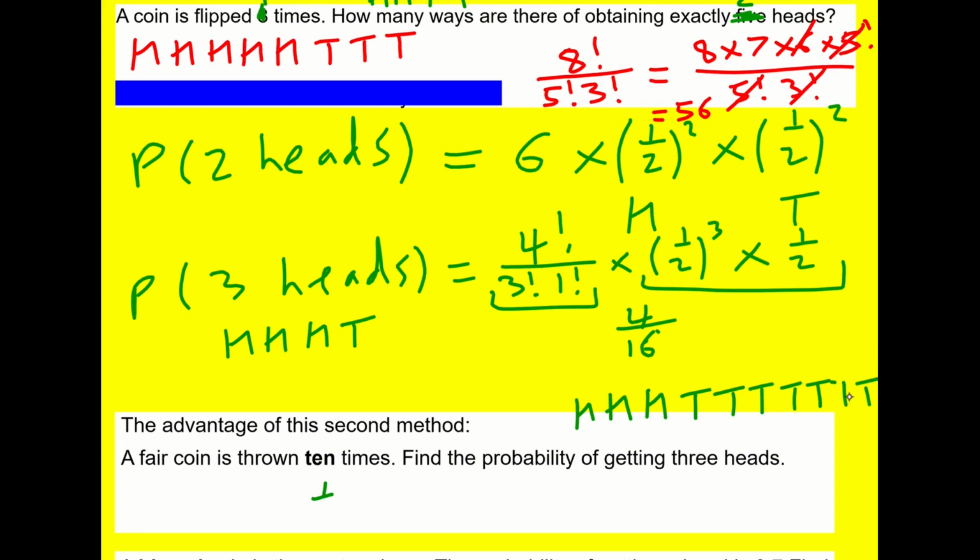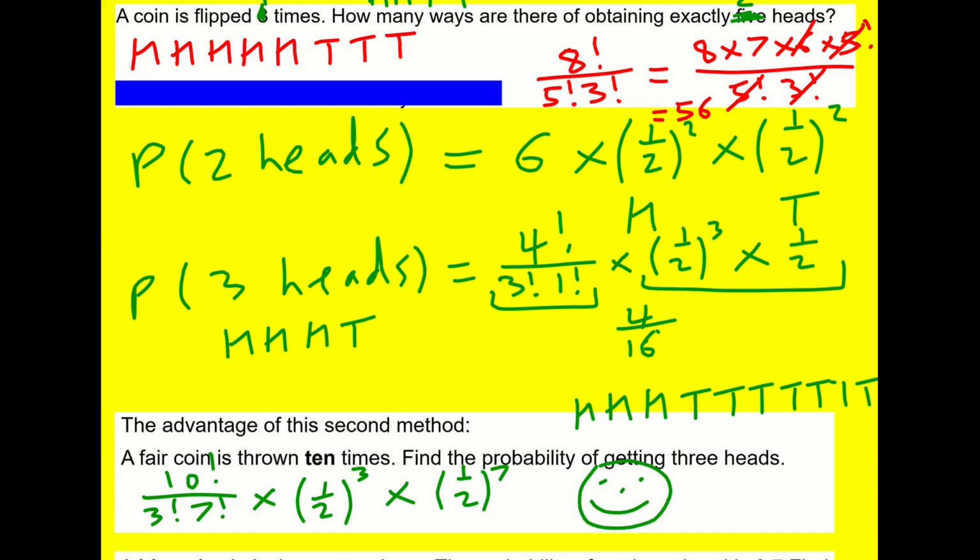And the probability of this specific one would be half to the power 3 times half to the power of 7. But then if I think about all the ways this could permute, it would be 10 factorial, because there's 10 things, divided by 3 factorial, 7 factorial. And check that out, I've worked it out with just a single line.